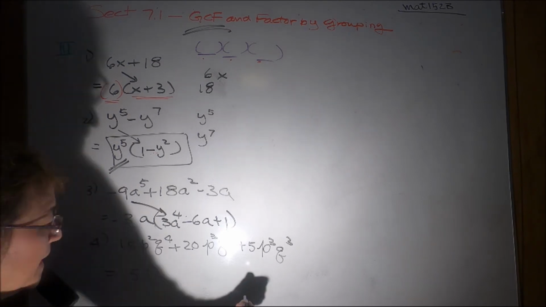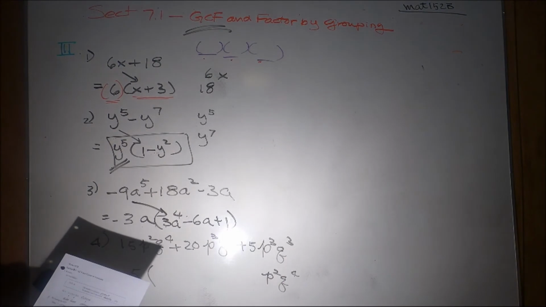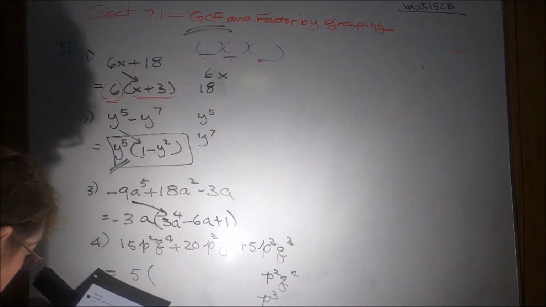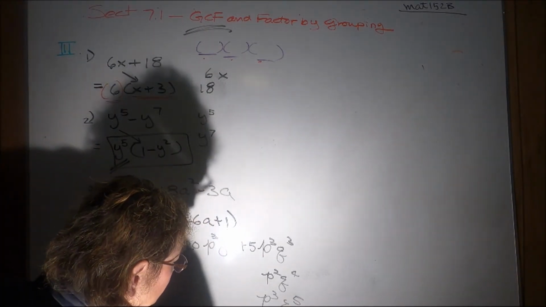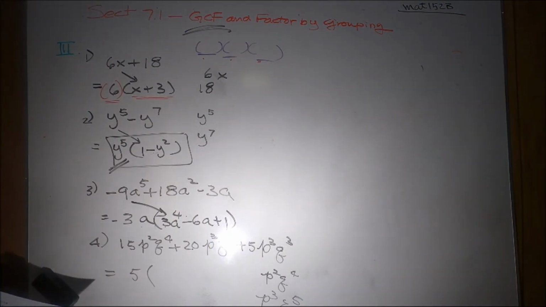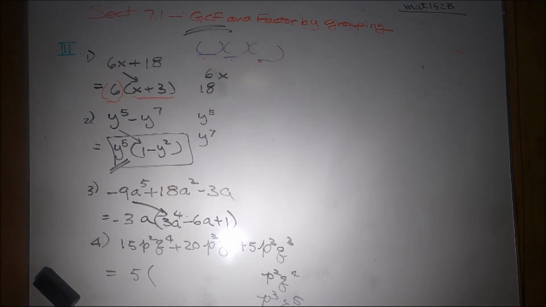Then how about the remaining p^2q^4? Am I writing correctly? Right. p^3, p^3, and q^5, p^3, and q^3. Right? Same variables, you check. Which one? It's p squared.